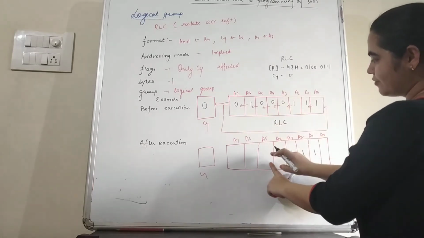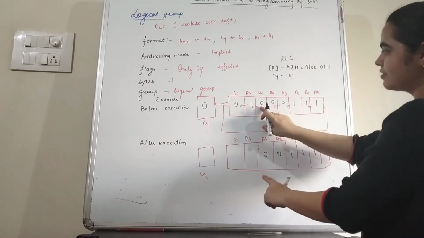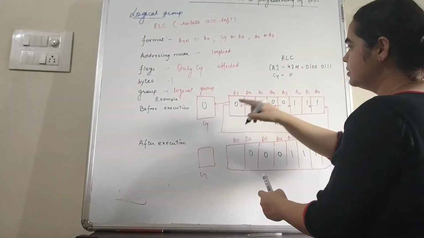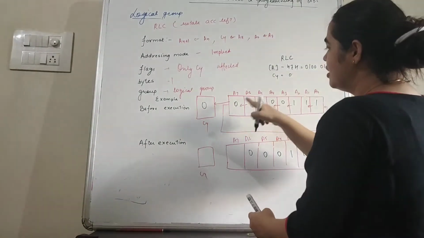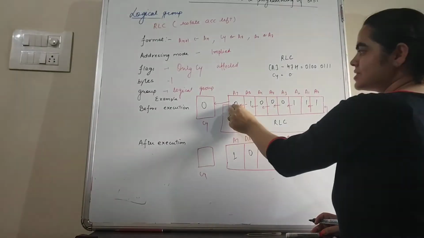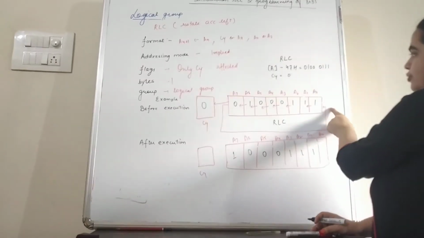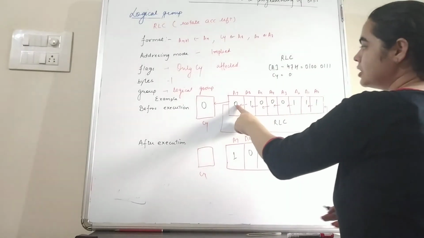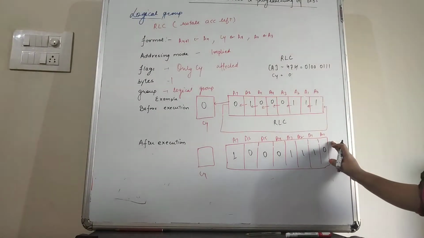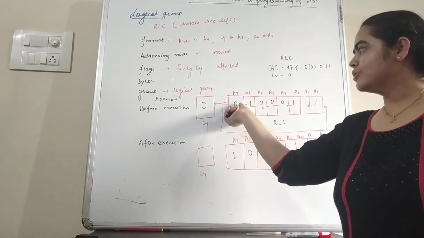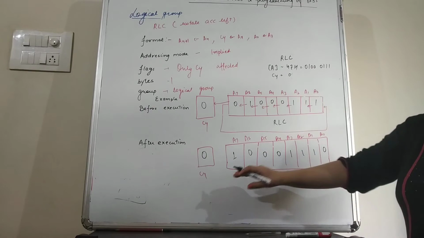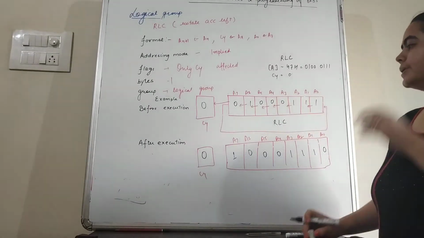The value of A4 will shift into A5, the value of A5 into A6, and the value of A6 into A7, and the value that was in A7 will move to A0. What was in A7? 0 was in A7, so that will be moved to A0, as well as the value of A7 being moved into the carry flag. Accordingly the carry flag will be changed.